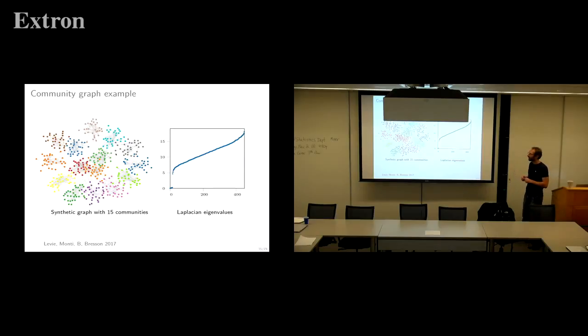If we look at the eigenvalues, the spectrum of the Laplacian of this graph, this is what we'll see. We'll see a first few eigenvalues that are very close to 0, and then there is a jump, and the eigenvalues grow. If these communities were completely disconnected, so if our graph consisted, in this case, of 15 disconnected components, then we'd have a constant eigenvalue with multiplicity 15.